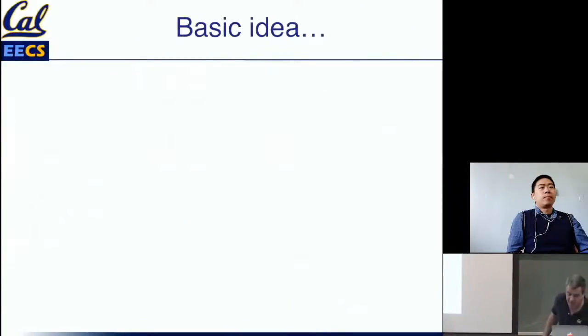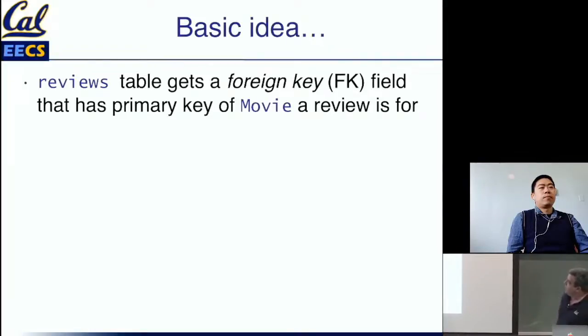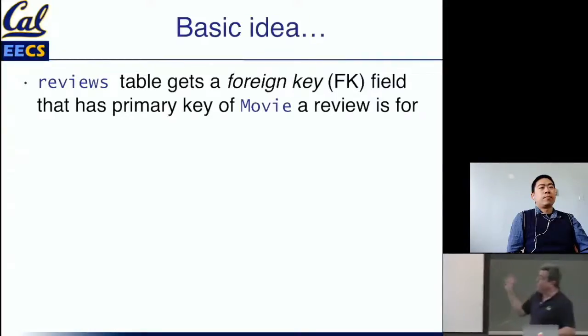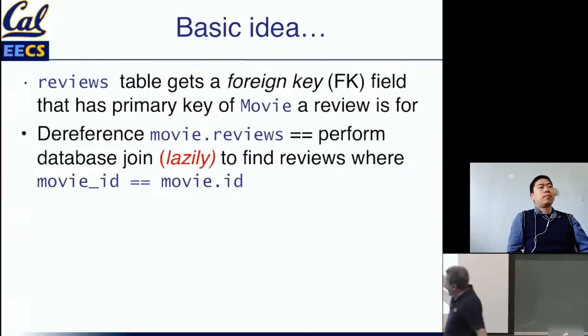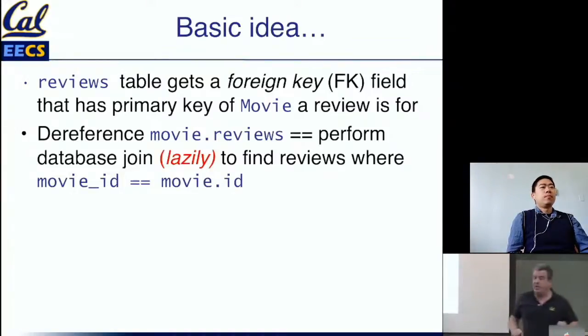OK, so what does this look like? As we've seen, the review table gets a foreign key that has the primary key of the movie that review is for. That allows a movie to have many reviews. So now, if movie is an instance of an ActiveRecord movie, I can actually say movie.reviews. And I will get back an enumerable collection of all of the review objects that are reviews for that movie, because Rails will have done this join internally.